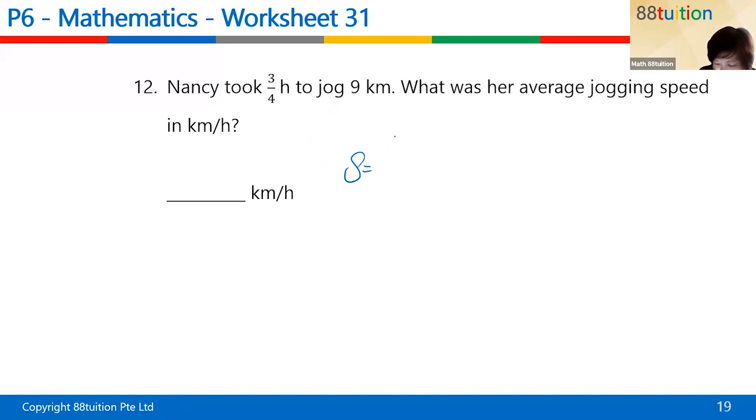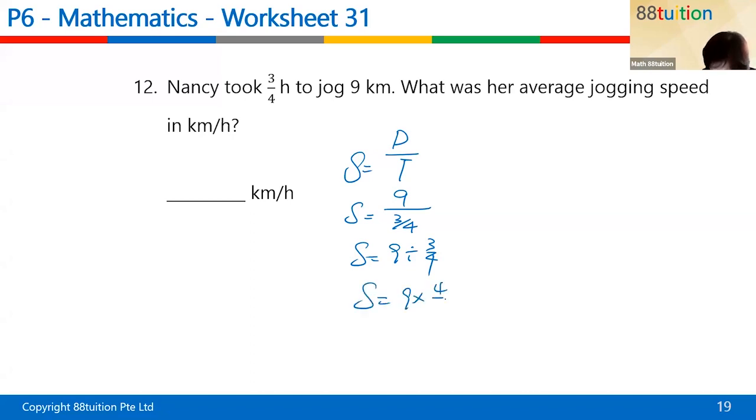So we say speed equals distance over time. 3/4 hour. So that means speed equals 9 divided by 3/4. Flip, change, flip, you get 12.